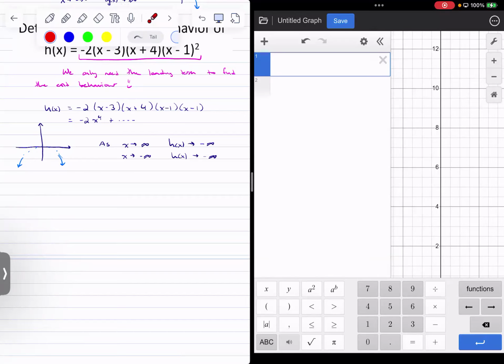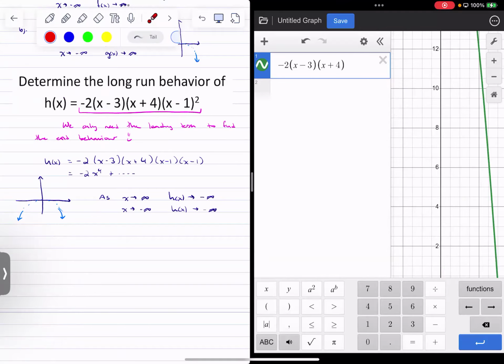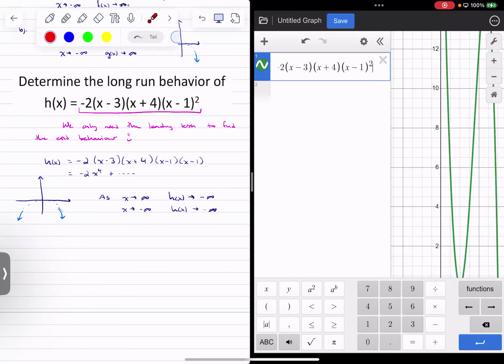Okay. Let's see here. I'll do the negative 2 times x minus 3 times x plus 4 times x minus 1. I'll do it squared.